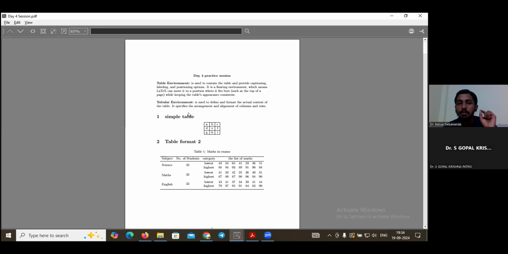If you want a caption, or the table at the left, right, top, or bottom, you need the table environment. If you want the letters and lines, you have to use the tabular environment. Is it clear?